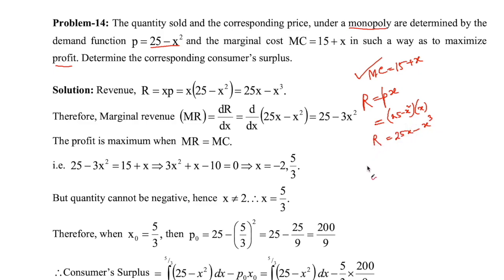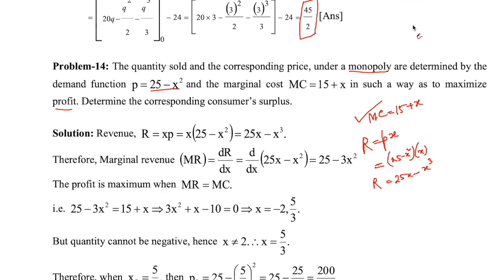Now what is marginal revenue? Suppose your total cost function is y equal to mx plus c. We know this is the total cost function. Now what is marginal cost here in calculus? dy dx. In calculus, dy dx is the marginal cost.